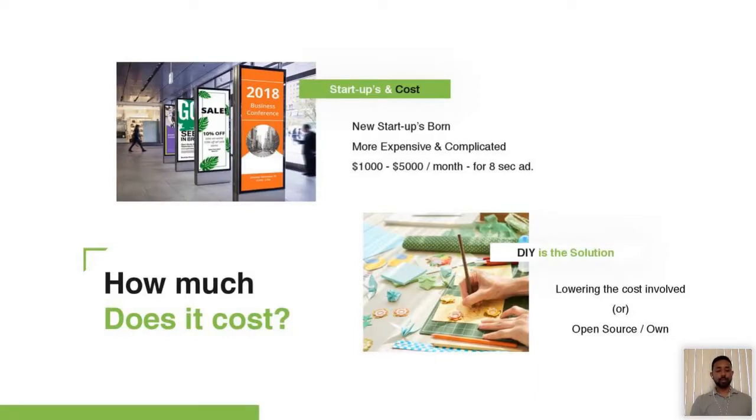So the cost of digital signage is around $500 to $1,000 per month for an 8-second ad. Just for an 8-second ad, as you can see in the pictures, on the display devices in malls, they offer sale content and business conference content, everything.